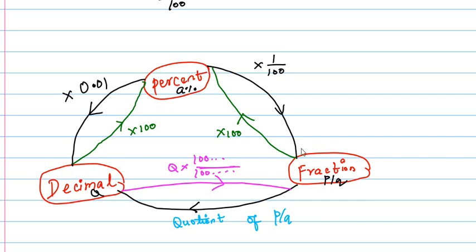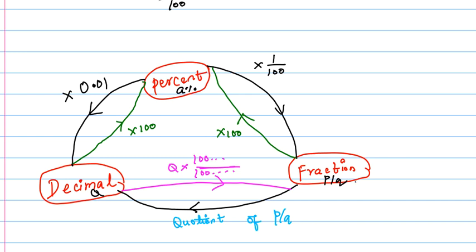Similarly, if you convert a fraction to a percentage, you have to multiply p by q by 100. From that you may get the percent. After multiplying 100, you have to cancel. If you have any common multiple, you have to divide. After dividing, you may get the percentage.